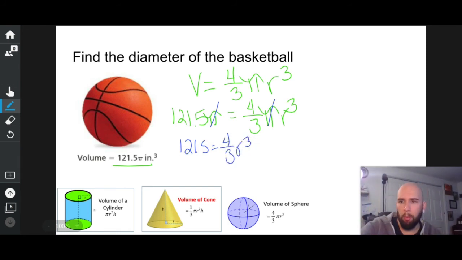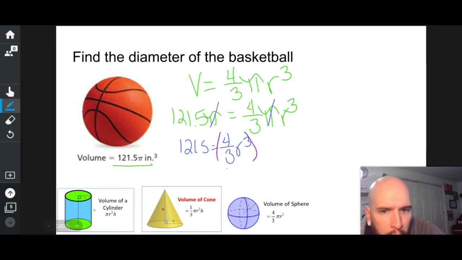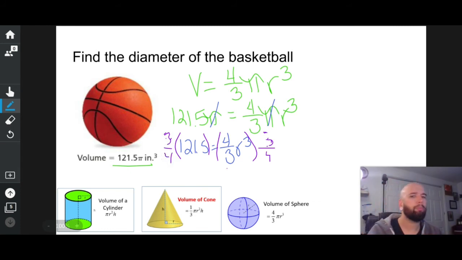I could divide both sides by 4/3, but instead of dividing a fraction, I would rather multiply by the reciprocal. So I'm going to multiply both sides by 3/4. So let's do that. That crosses out.